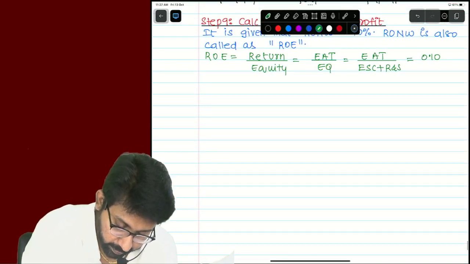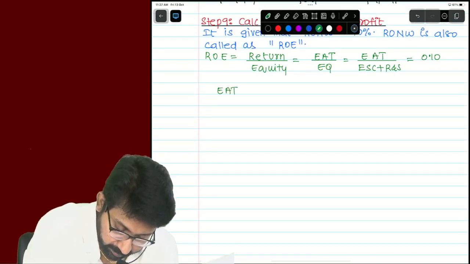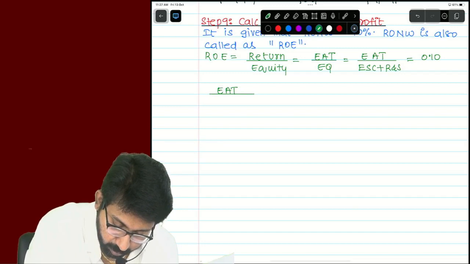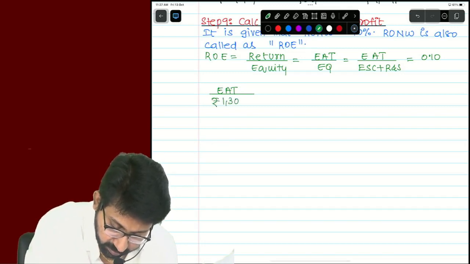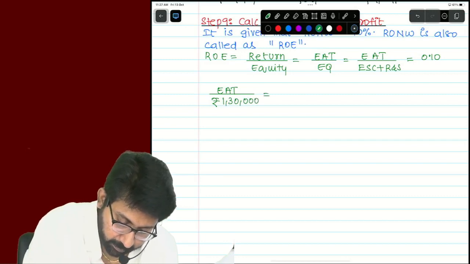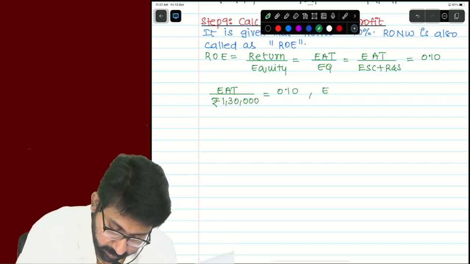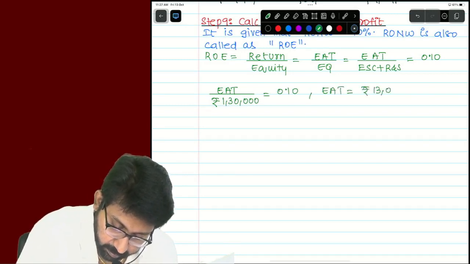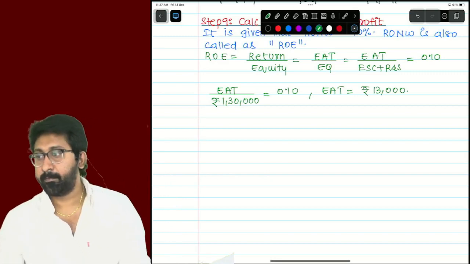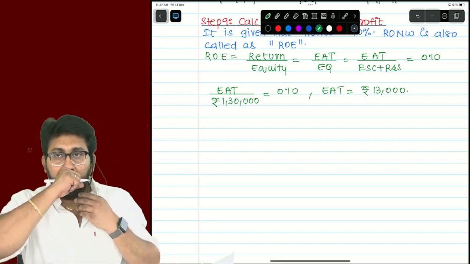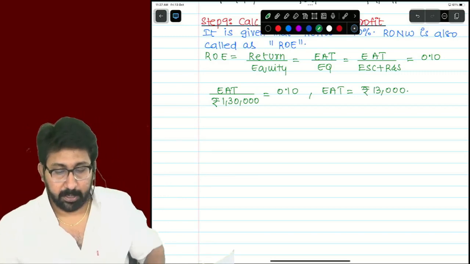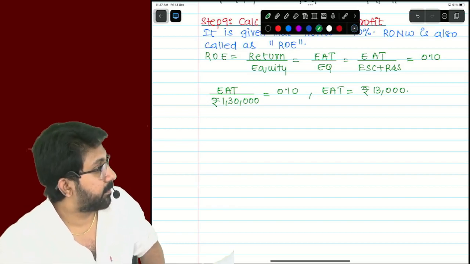So EAT by, you told some value, rupees 1,30,000 equal to 0.1. EAT equal to rupees 13,000. EAT equal to rupees 13,000.